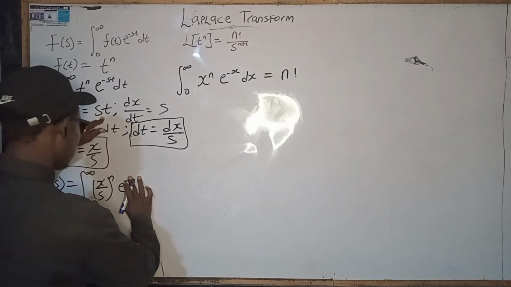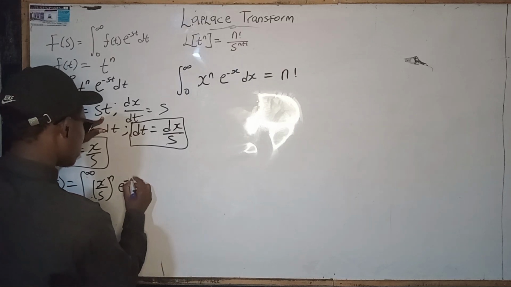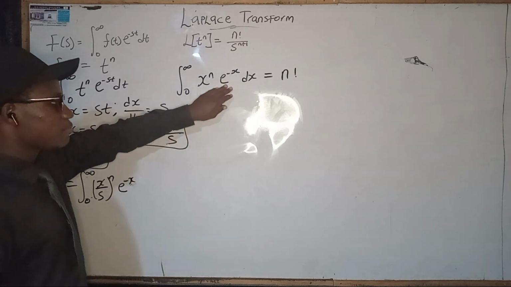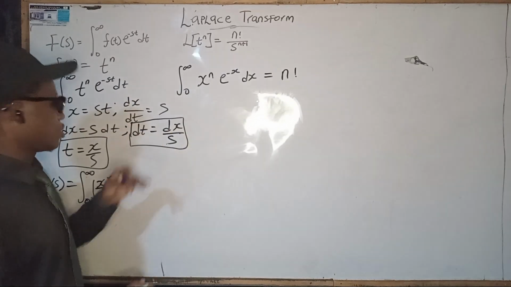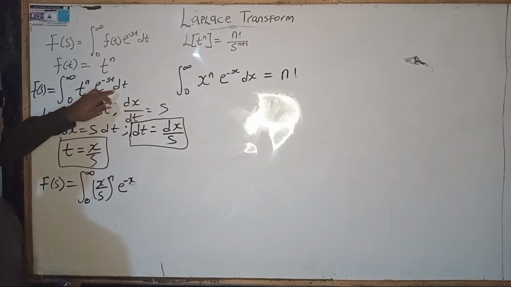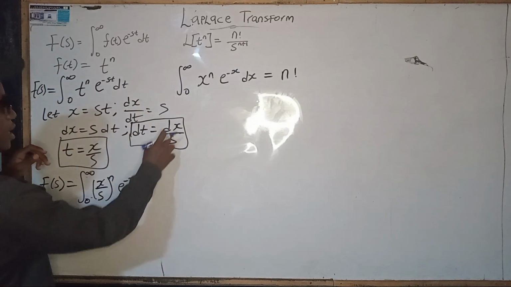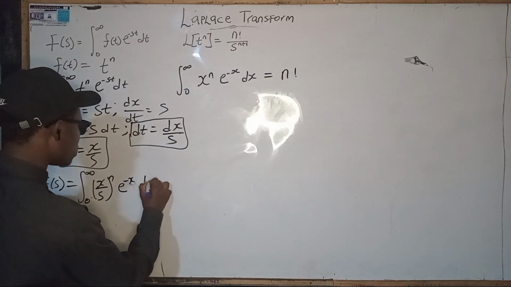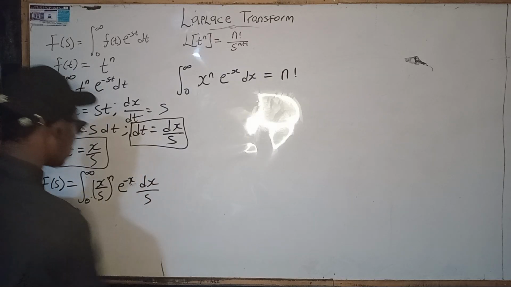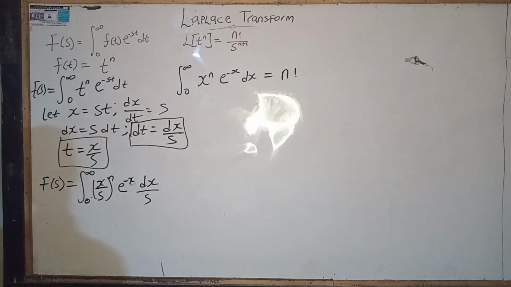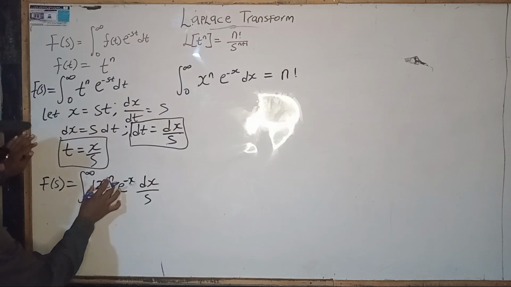So now we can see that there is a little bit of resemblance in this and this. Then we move on to the t. The t here is equal to x over s, so we have x over s. From here we can simplify it. We can break this down, put our n to both sides.